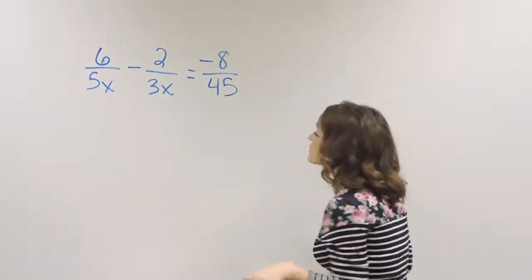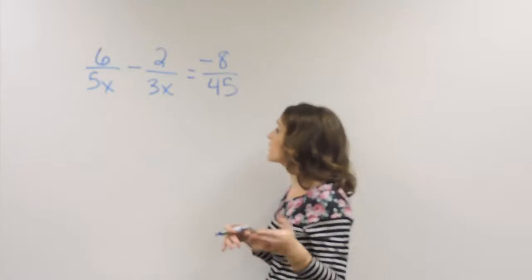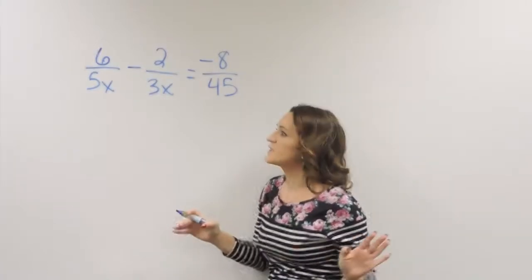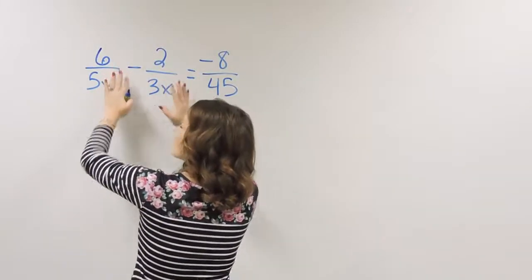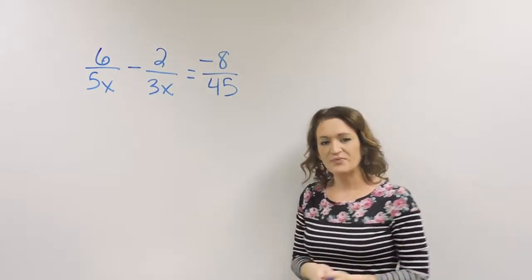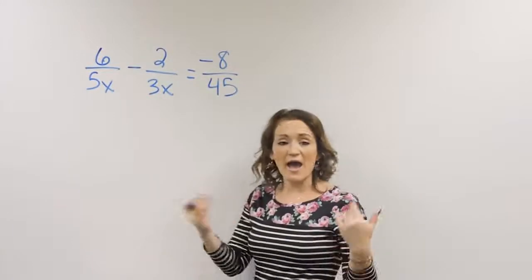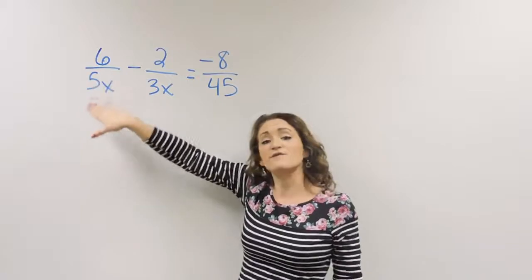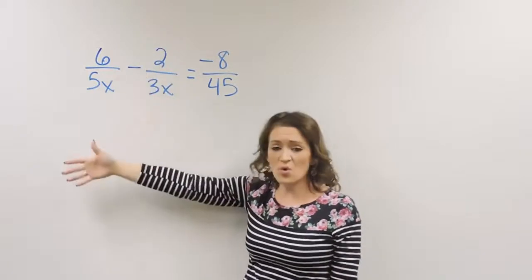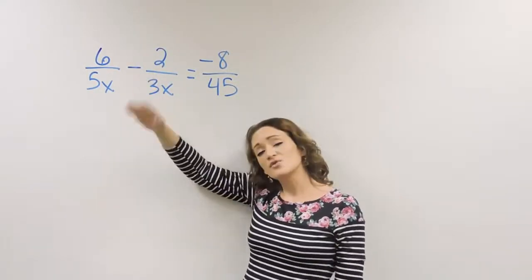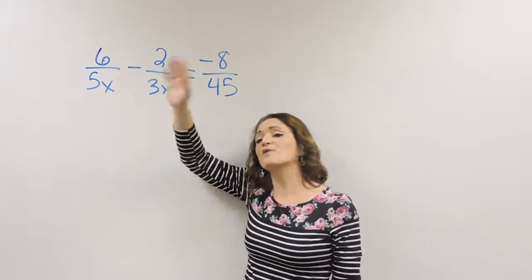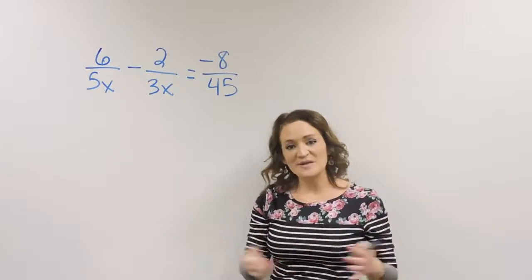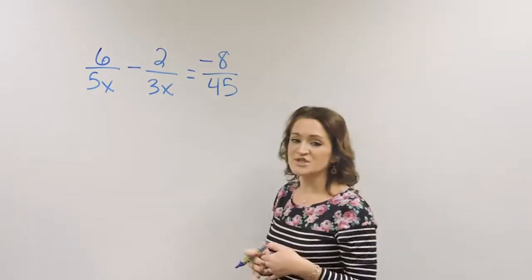Okay, so first, let's start with our numbers. Let's figure out a common denominator for our numbers. Just pretend that all we had were these numbers. How would you find a common denominator? It's the first number that they all have in common as far as their multiples are concerned. 5, 10, 15, 20, 25, and so on. Make a list with 3, 6, 9, 12, 15, and so on. 45, 90, until you find a number where they all match up.